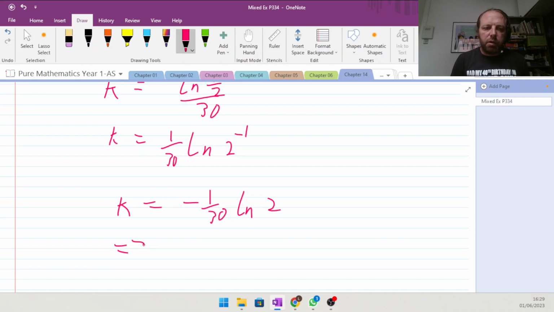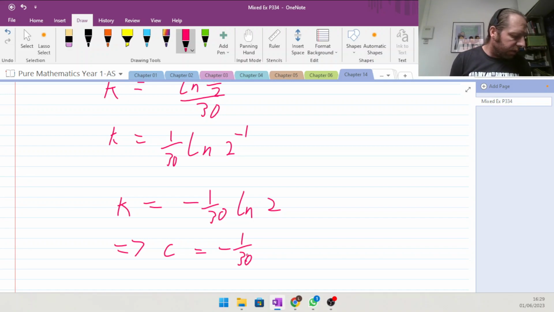Therefore, they've got c is equal to minus 1 over 30. Okay, we've got that negative number as they asked for at the start of it. Show that, stating the value of the constant c. There you go.